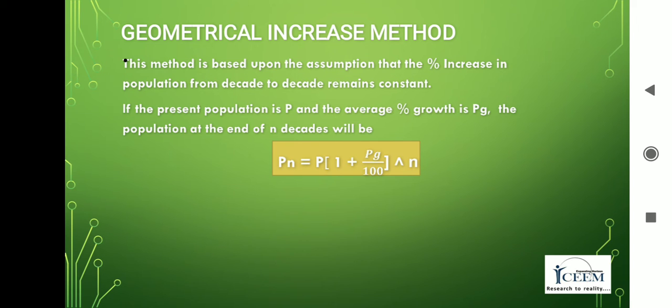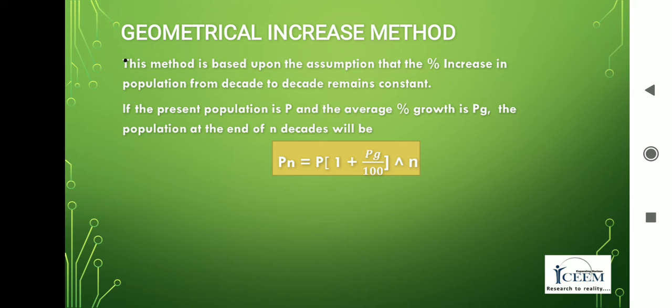In this method, the average percentage of growth of last few decades is determined. The population forecasting is done on the assumption that the percentage increase per decade will be the same from one decade to another decade.